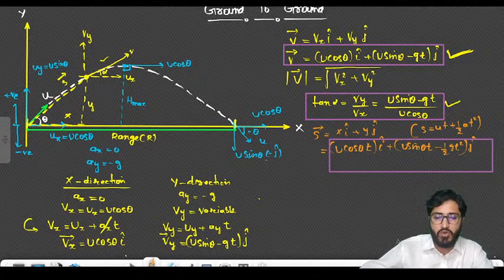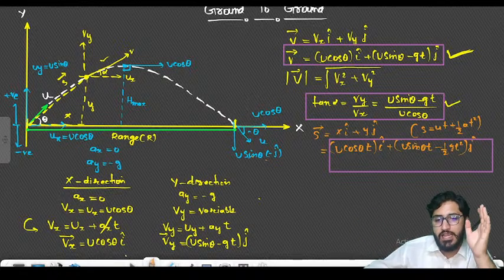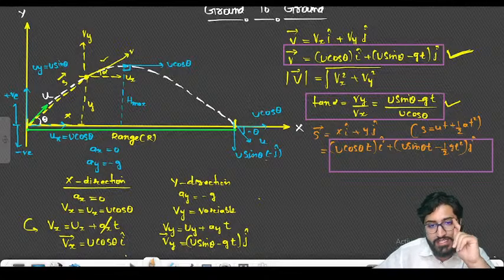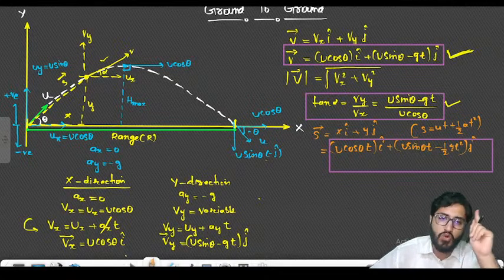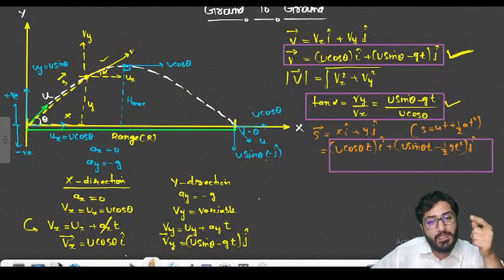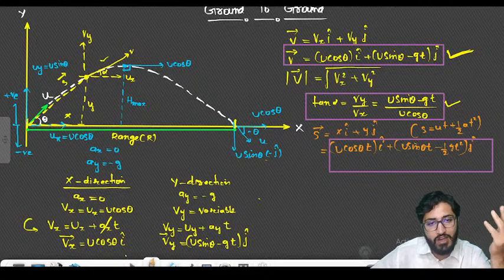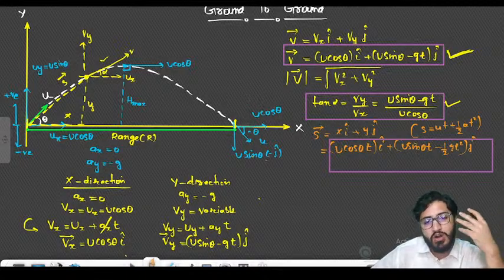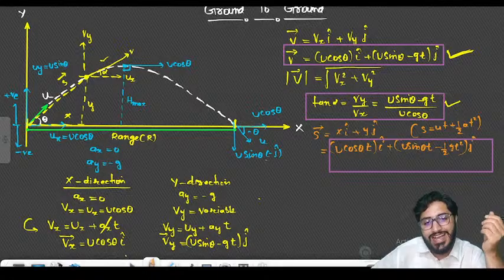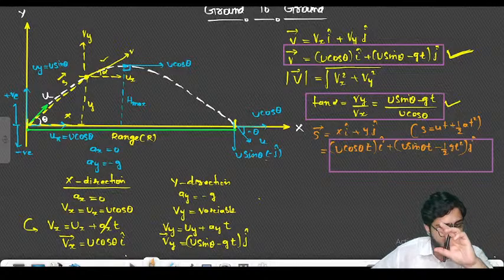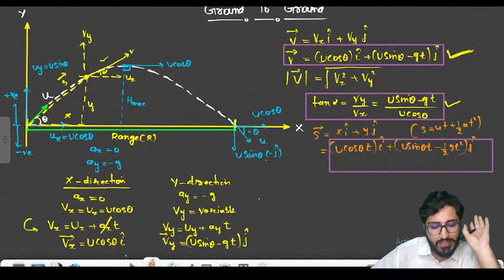From the whole thing that I just explained here, you need to memorize only these three things: v equals u cos theta into i cap plus u sin theta minus gt into j cap, and tan alpha equals vy by vx, that is u sin theta minus gt by u cos theta, and s equals u cos theta into t i cap plus u sin theta t minus 1 by 2 gt square into j cap. Only this you need to remember, nothing more than that.